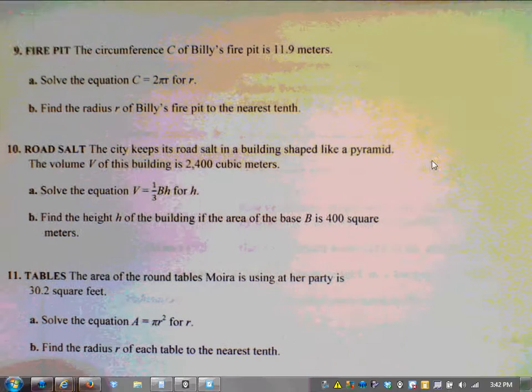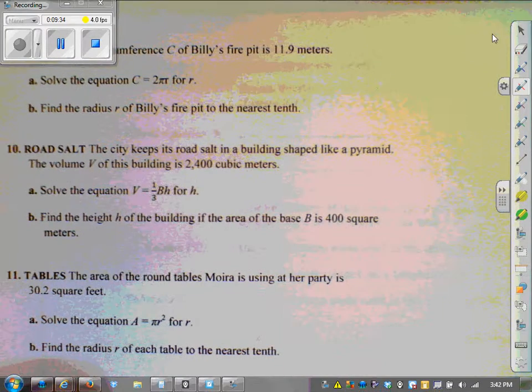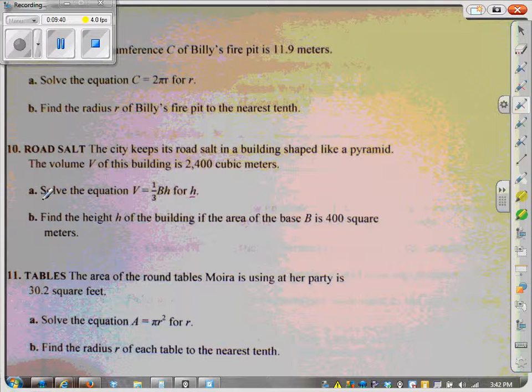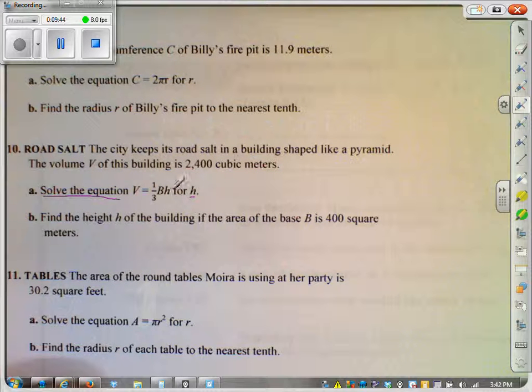So there's two problems here. First problem, they want us to solve the equation for H. They want us to get H all by itself. So here's the first problem. None of this other stuff is important right now, just this part. So we want to get H all by itself. What's happening to H?